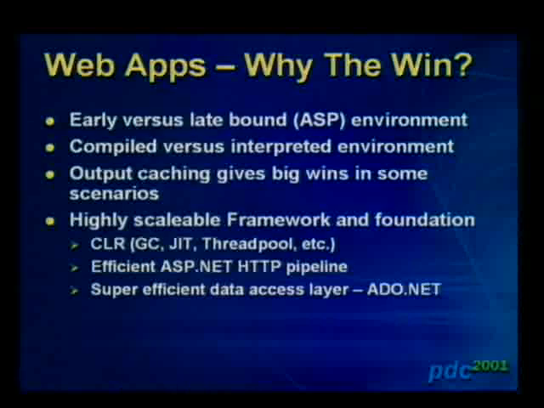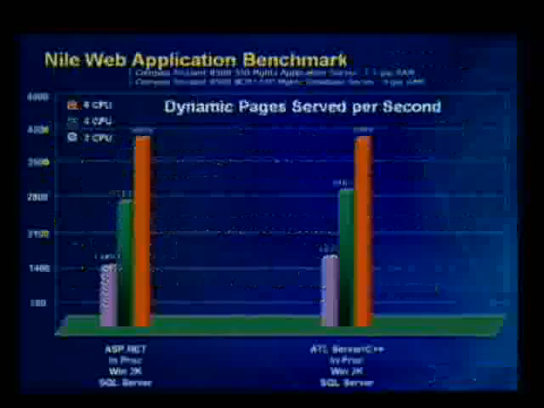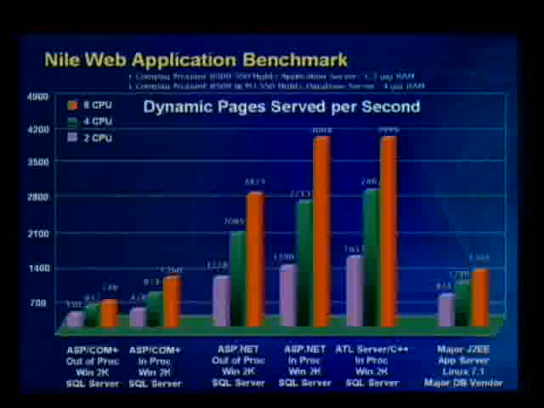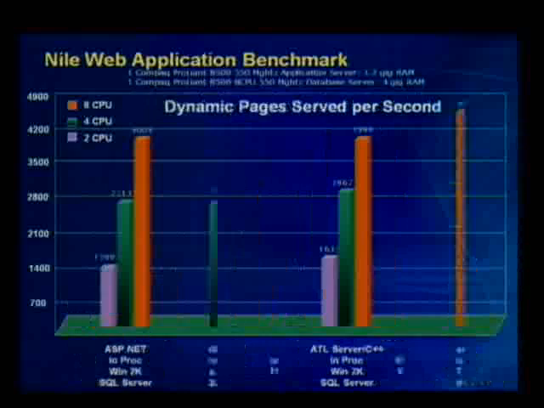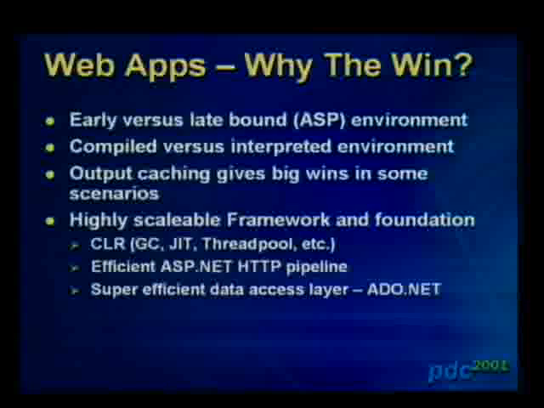In the earlier slide that I showed you, all three on the right-hand side, ASP.NET, the other server, and the WebSphere one, use the same amount of output caching, and the actual output cache serves the web page. So that is another big reason why we get that win.